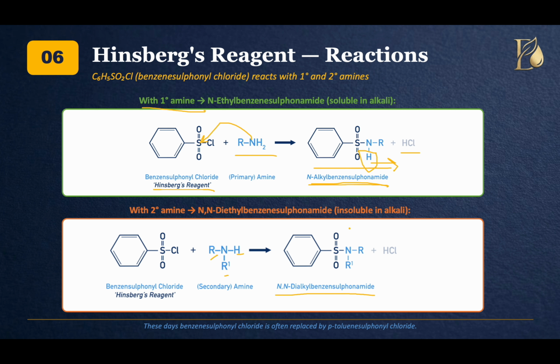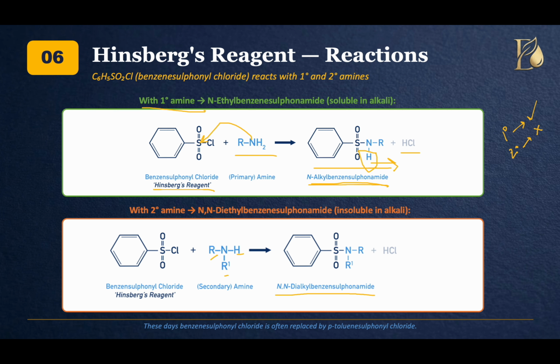Thus, the different solubility behavior of the products formed from primary and secondary amines becomes the basis for identification in Hinsberg's test. Primary amines produce N-alkyl benzene sulfonamide, which has an acidic hydrogen, so it is soluble in alkali. Secondary amines give N,N-dialkyl benzene sulfonamide, which doesn't have an acidic hydrogen, so it is not soluble in alkali.